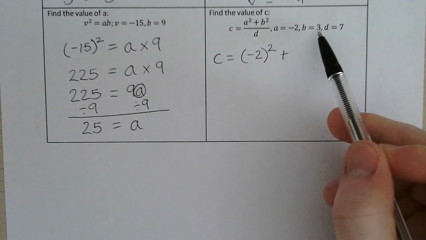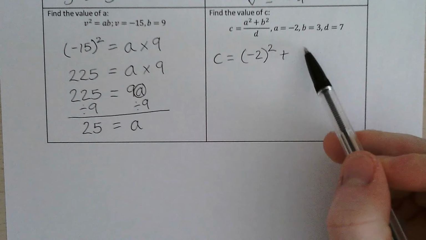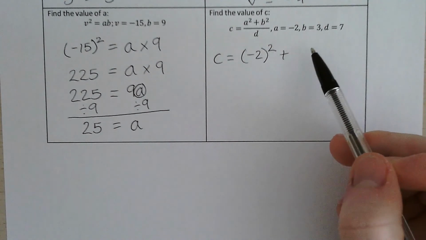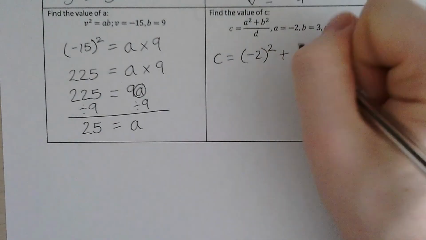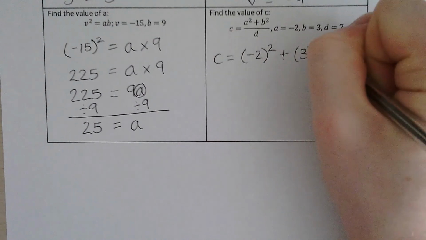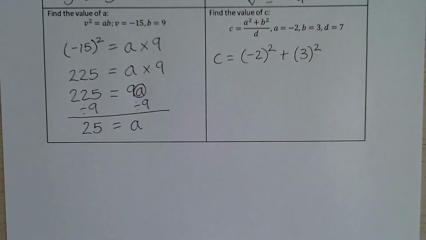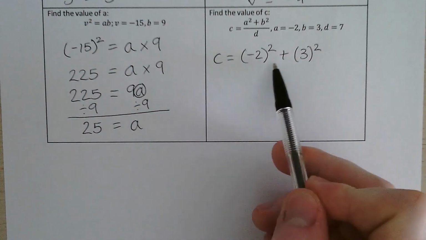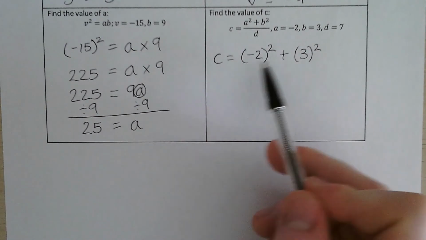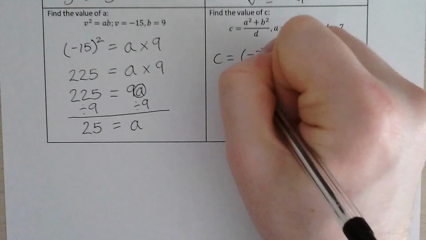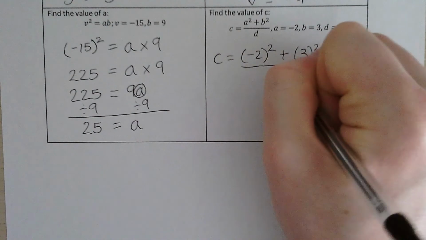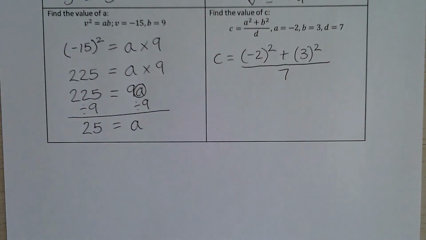B is not a negative number, so I could just write 3 squared without a bracket, and that would be correct. But potentially, it's a good idea to just get into the habit of always writing brackets whenever we square numbers, and then hopefully we won't forget to do it for our negative numbers when we square them. All of this is divided by d, which is 7.